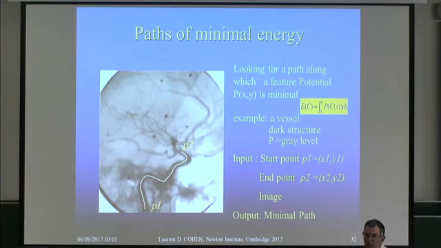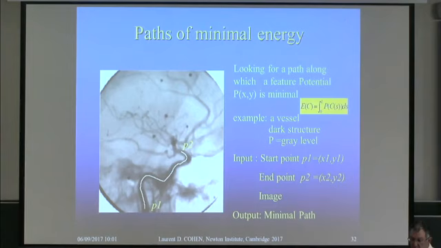Since they are evolving, they are often stopped by a local minimum, so we simplified the active contours in order to interpret them as a minimal length curve, and thus find the global minimum.